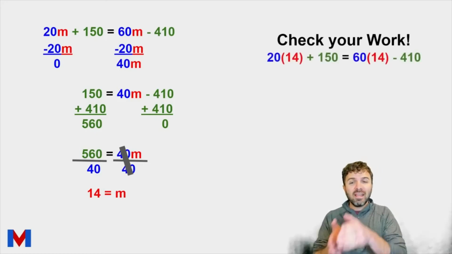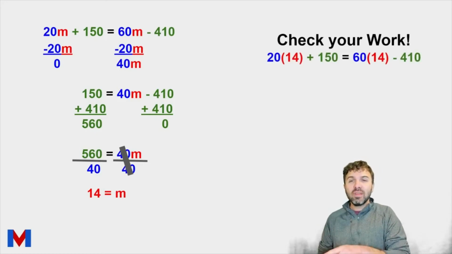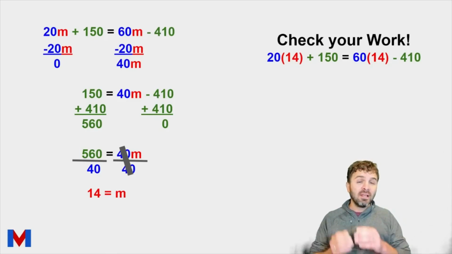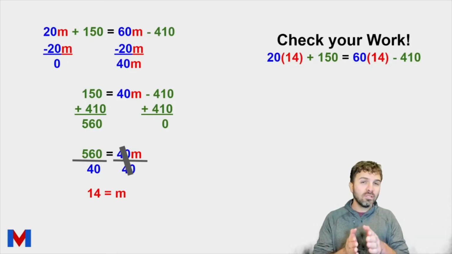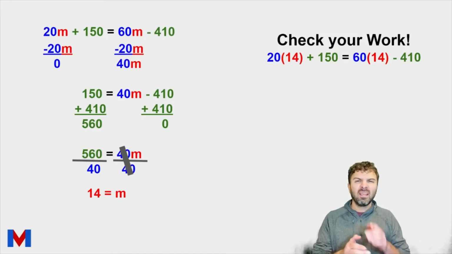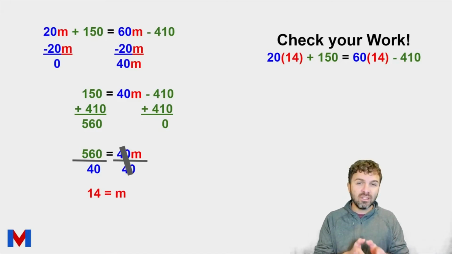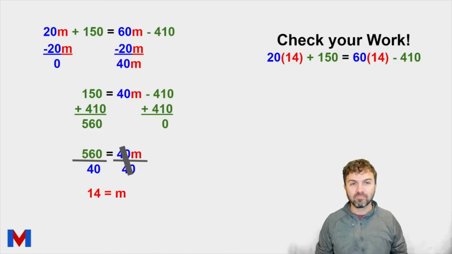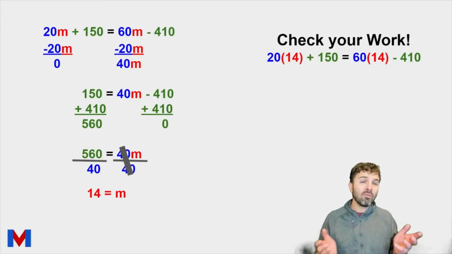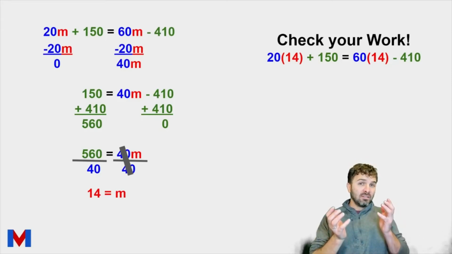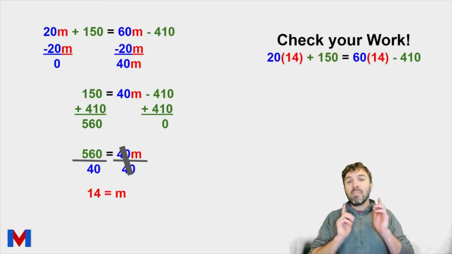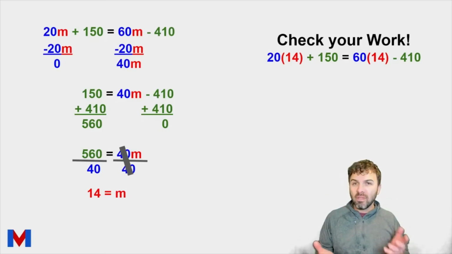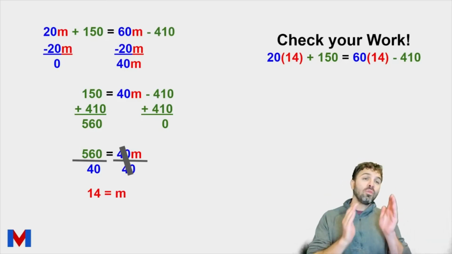So what I'm going to do is take that m equals 14 and substitute that back into the original equation at the top. So I have 20 times 14 plus 150 equals 60 times 14 minus 410. And then now we're just doing order of operations. We're trying to figure out, does that 14 make that original equation true? Meaning, does that left side equal the right side?